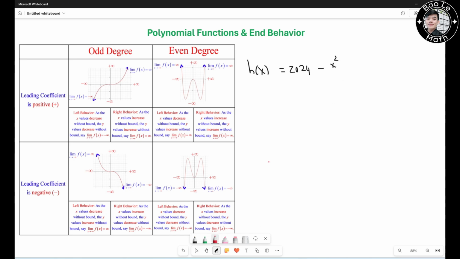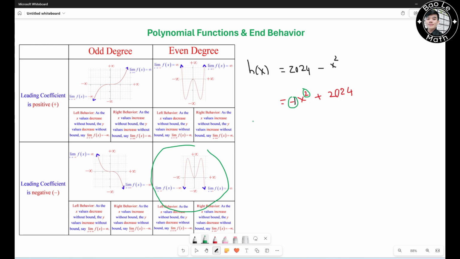I see that the terms of the polynomial are not written in order, so I need to rewrite this one a little bit: negative s squared plus 2024. If you don't see anything, you just put 1 right here. So the leading coefficient is negative 1, and the even degree right here, 2. So we're going to use this case right here.